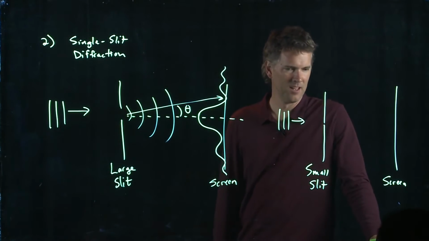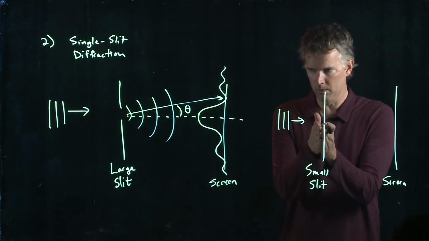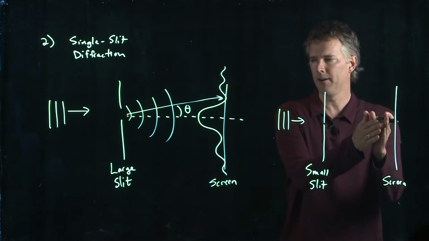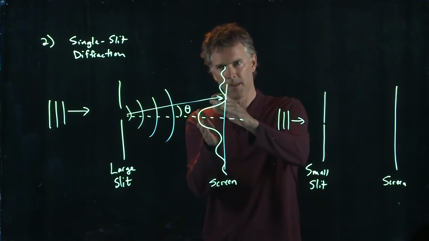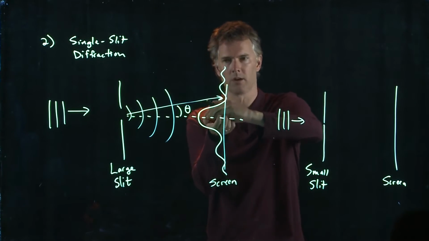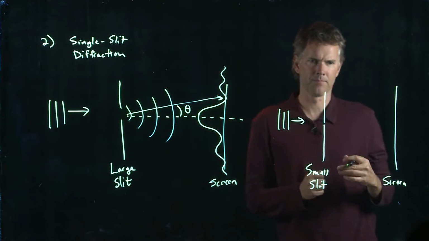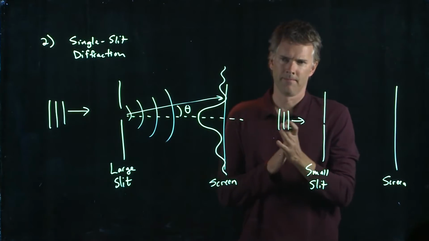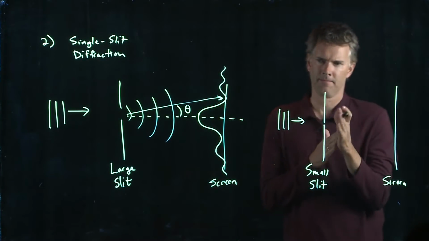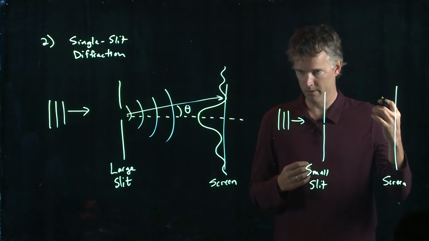Thank you. All right, so when I go through a much smaller hole, is that diffraction pattern going to look like this? Is it going to look squished together? Or is it going to look expanded out? What do you guys think? Okay, it's in fact going to expand out even more.